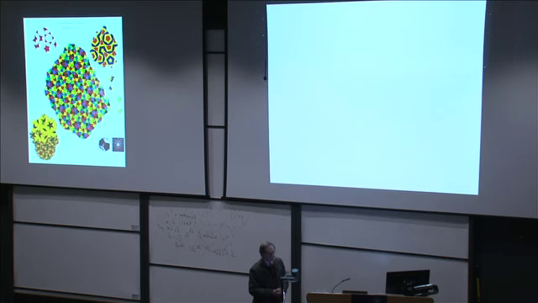And the question that was raised by a Chinese-American mathematician called Hao Wang was: could you find a computer program which will answer yes or no, given a finite set of these colored squares, can you tile the entire plane with them? And he came to the conclusion that yes, there would be an algorithm for doing that, a computer program for doing that, if it were the case that for any set of colored squares, if it did tile the plane, you could be sure that it would tile the plane in a periodic way.